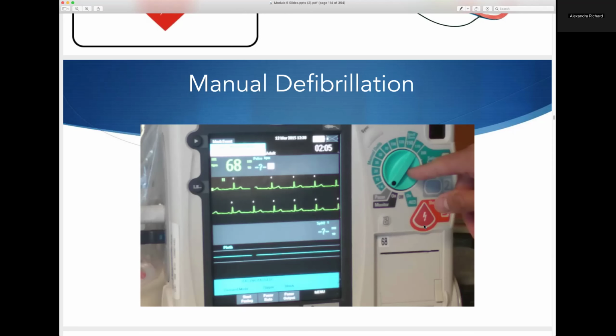No one can be touching the patient. Because if you deliver the shock and someone is touching the patient, now that person who got the shock on accident is going to have to go to the emergency room.